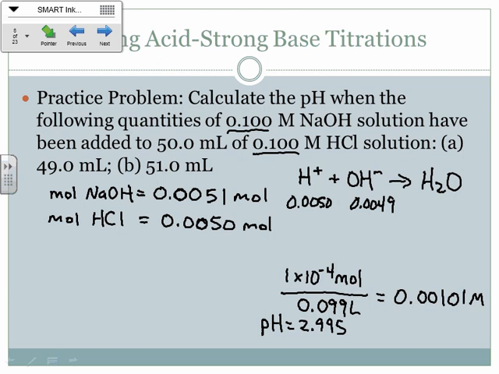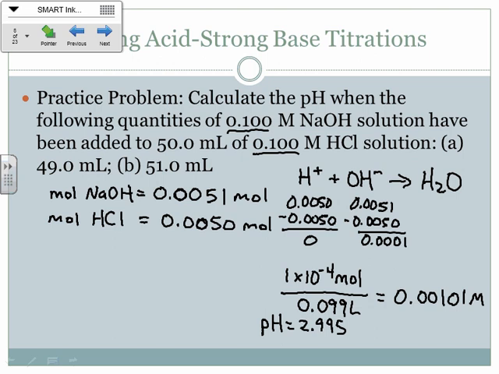That's what I'm going to run out of. Let me change this. I'm cheating a little bit. I know you guys can't do this on your paper, but I'm just doing this for the sake of time. So now our limiting reactant is the H plus, which leaves me with 0.0001 moles of the NaOH.